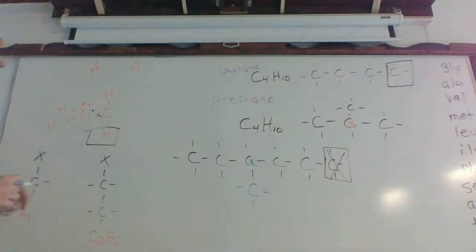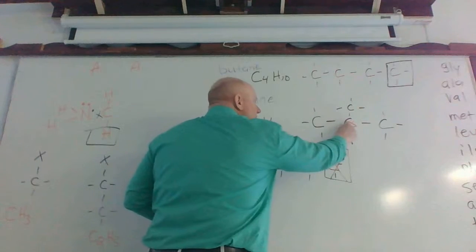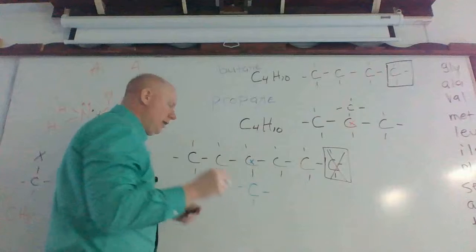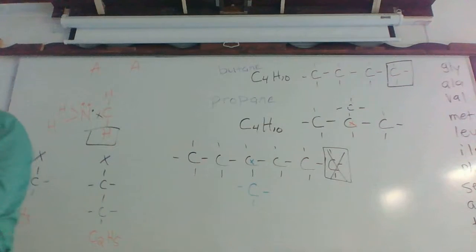Now, when we say X marks the spot here or X marks the spot there, we need to name what that is called. So, for instance, when we look at element 26 on your periodic table, which element is that? Well, you're right. So when we look at that element iron, what is its symbol? It's Fe.